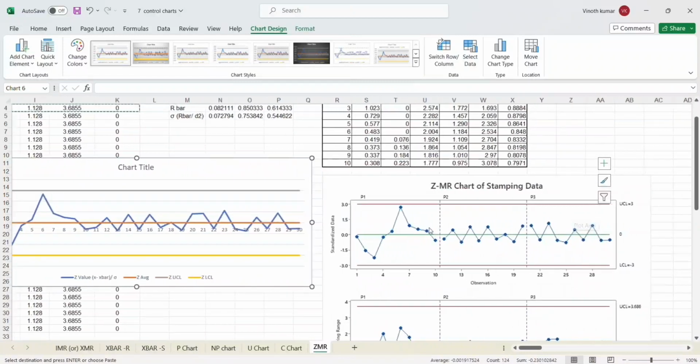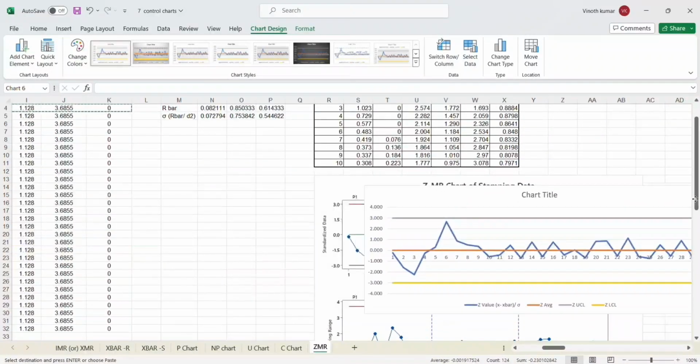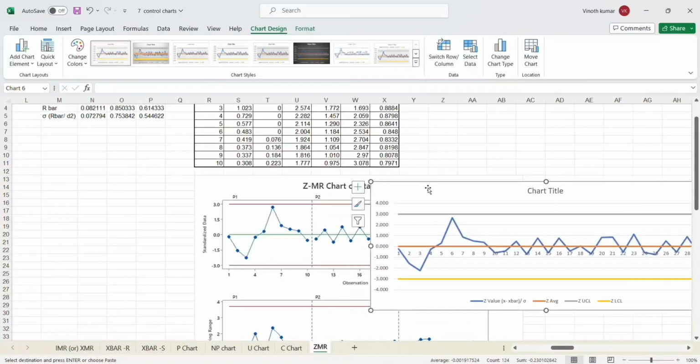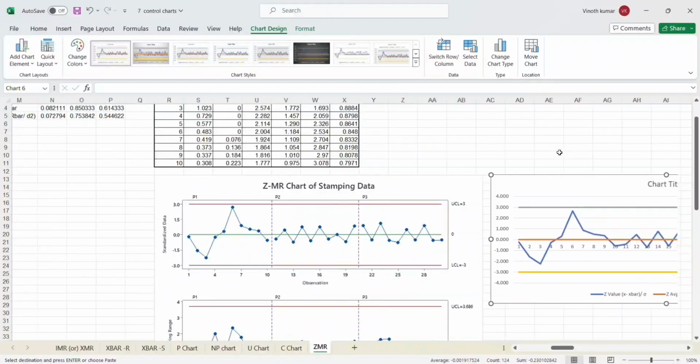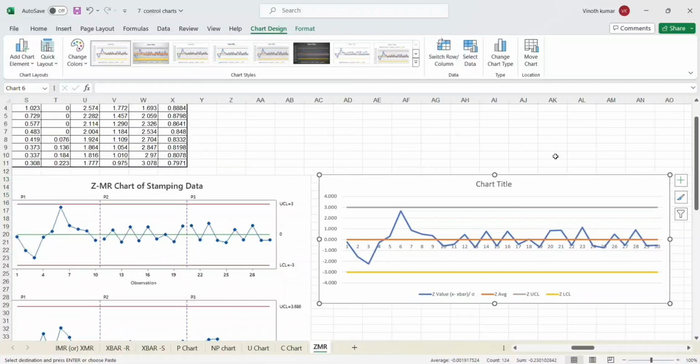So just for our understanding, let me copy and paste it here so that it becomes easy for us to compare. So this is the Z chart for production line, and if I want to bifurcate this into production line 1, 2, 3, I can do it.